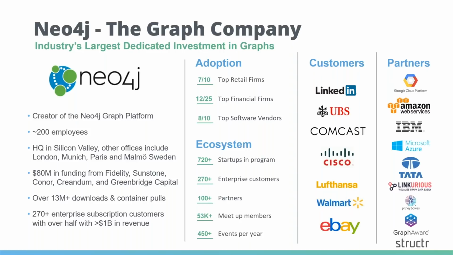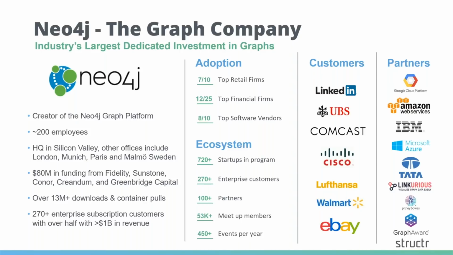But the adoption of retail firms building recommendation engines and some other very clever capabilities, like I said, in retail. We've got 70% of the top 10 retailers. We've got almost 20 of the top financial services firms out of the top 25. 80% of the top software vendors are already enjoying and using Neo4j.